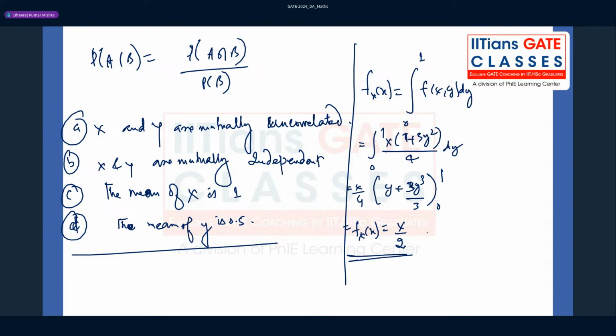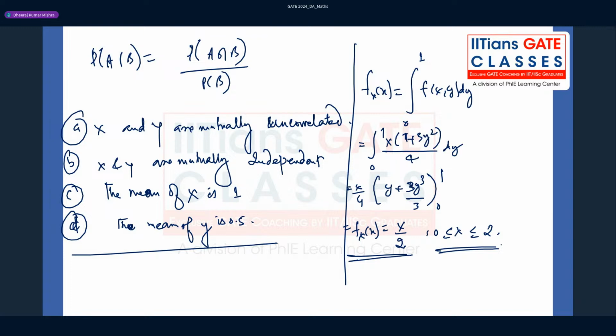And what is the range given for x? The range of x is from 0 to 2. So how do we find the marginal PDF from the joint PDF? Just by integrating, treating the other variable as a constant.